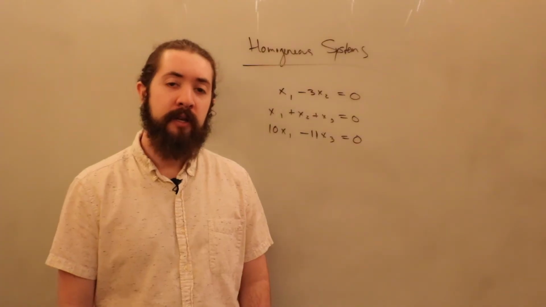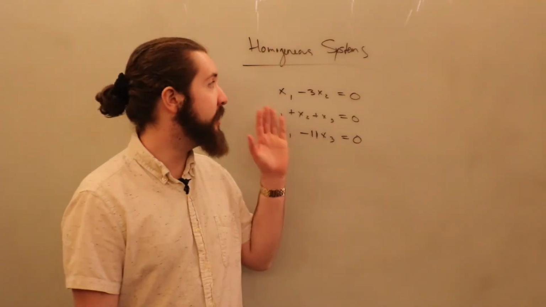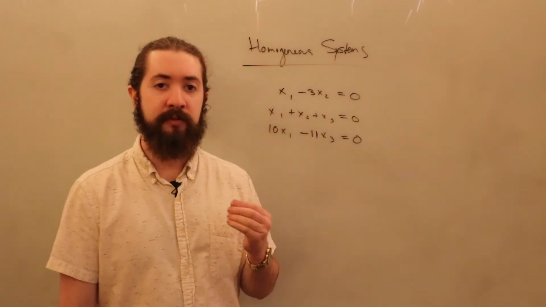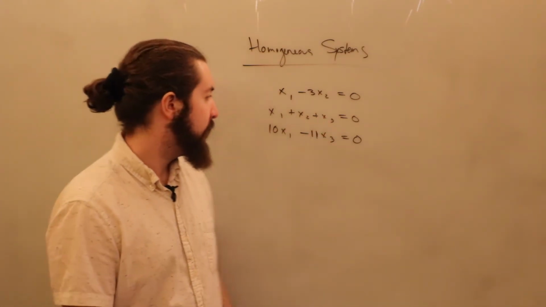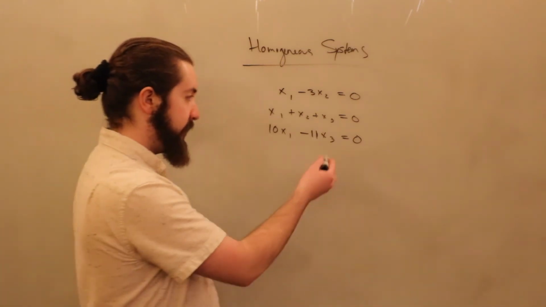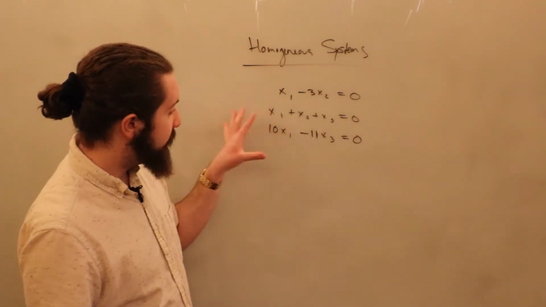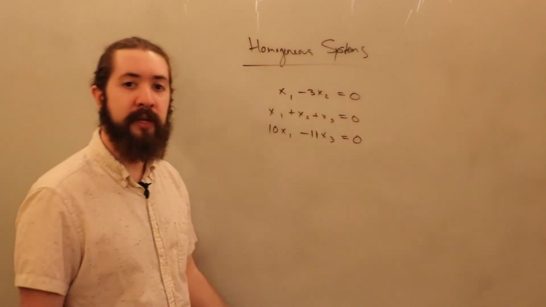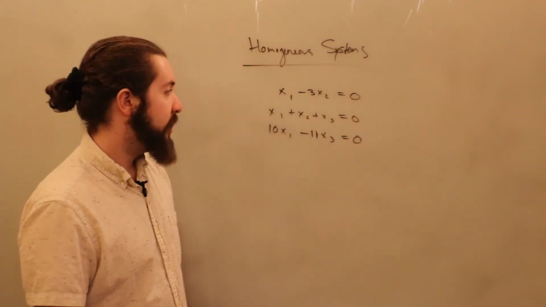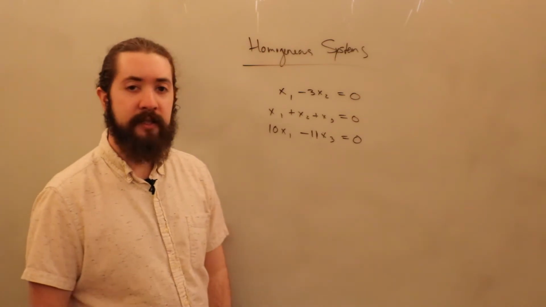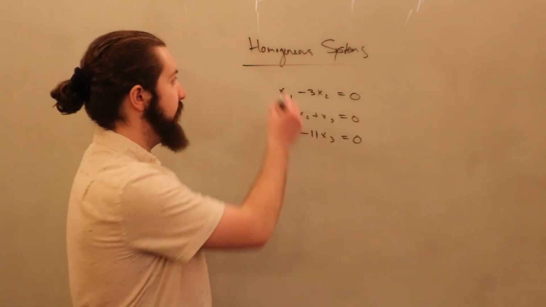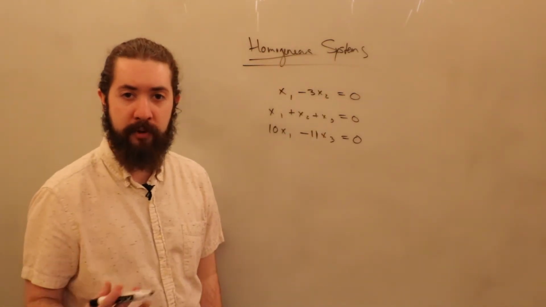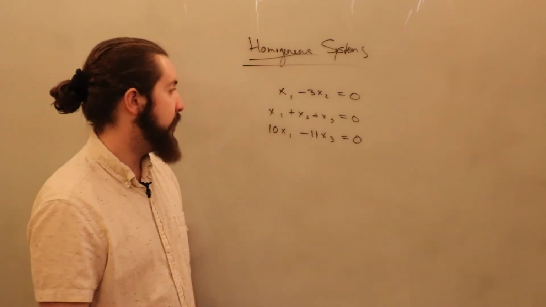All right, now a quick word about homogeneous systems. This is a special type of system of linear equations, and it's going to look like this, basically. You're going to have your variables and your expressions involving them, but all your constant terms are going to be equal to 0. When this is the case, the system is called homogeneous, and it has a few special properties that we'd like to point out here.